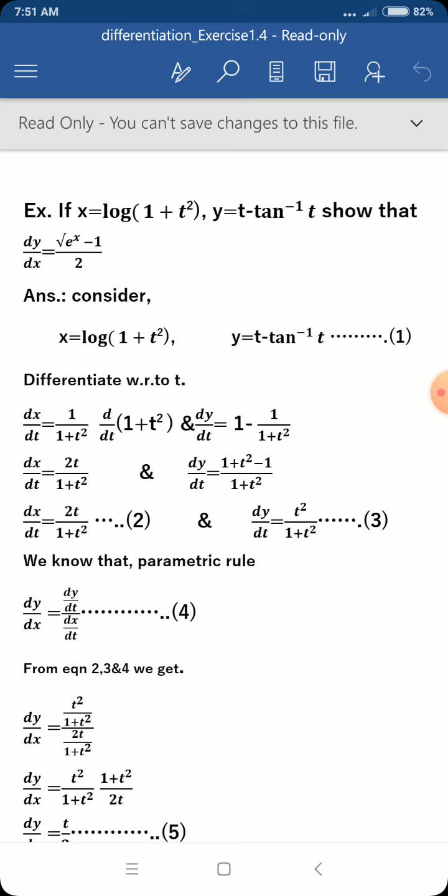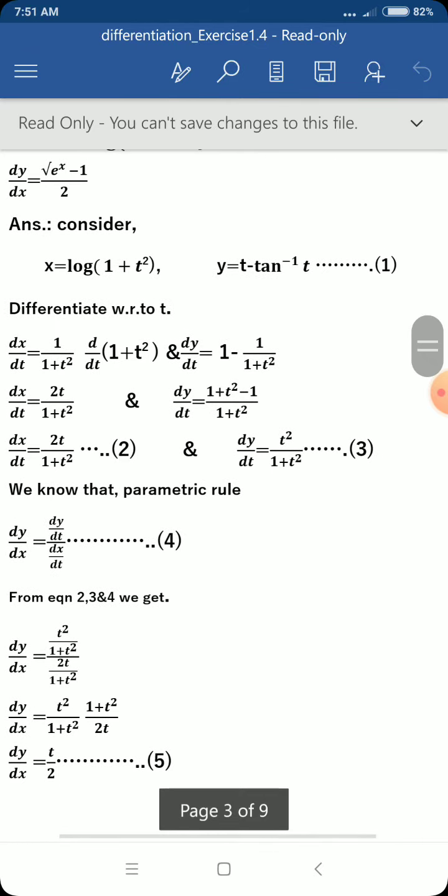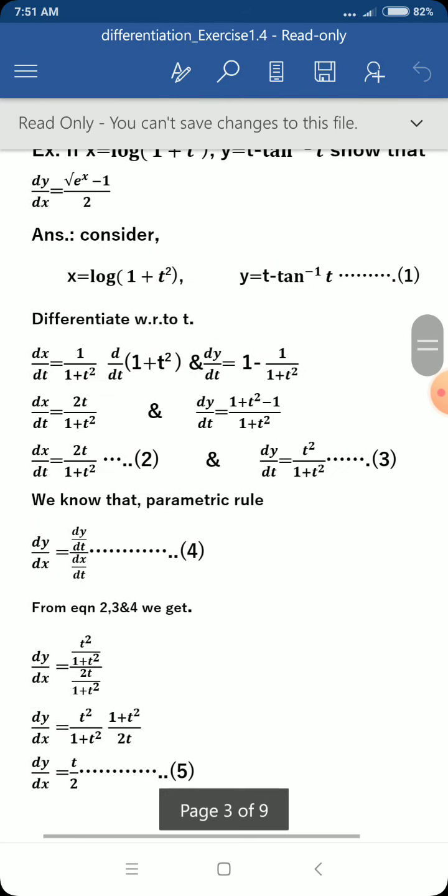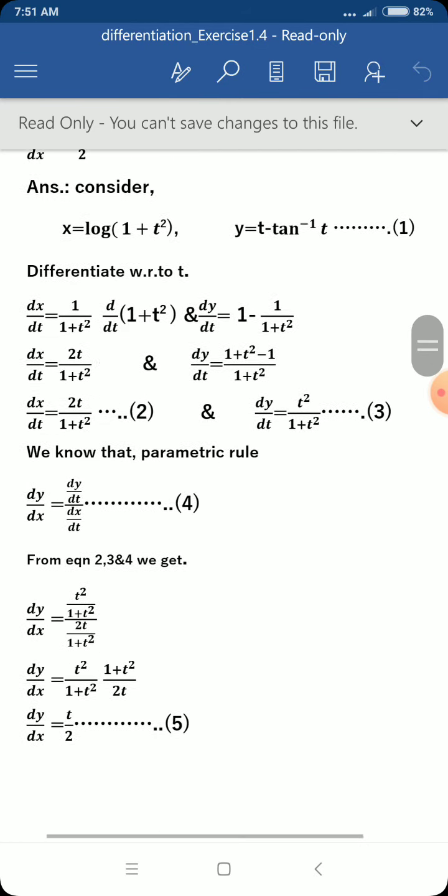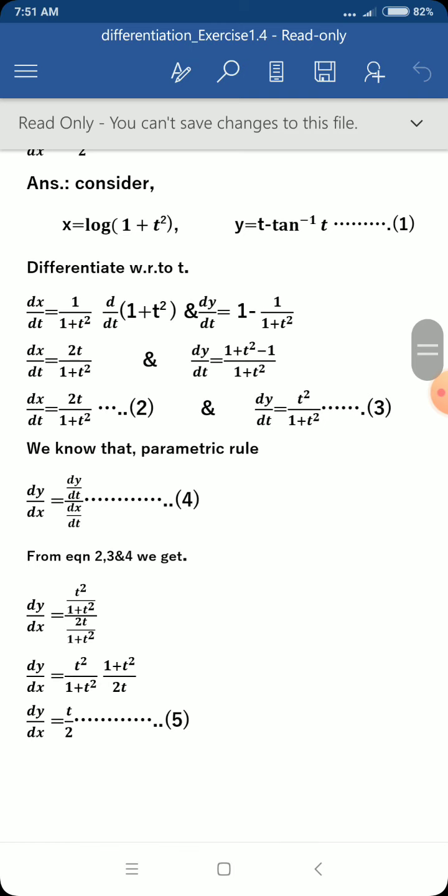Now derivative of second equation, y is equal to t minus tan inverse of t. Here also derivative of y with respect to t is dy upon dt equal to derivative of t, which is 1, minus derivative of tan inverse of t, which is 1 upon 1 plus t square.